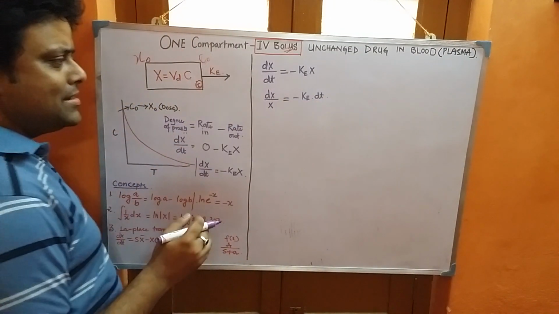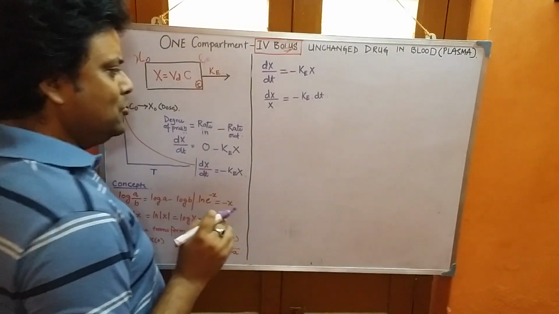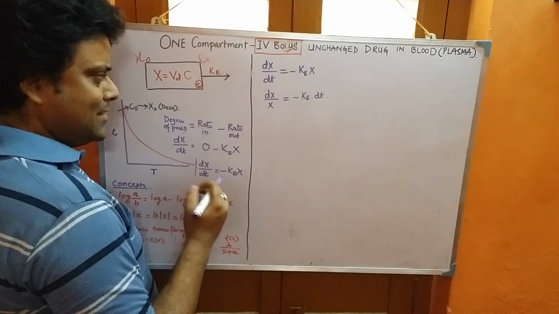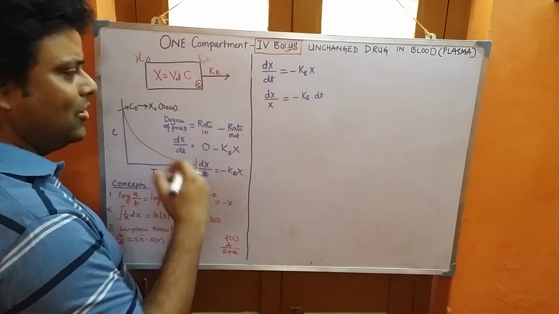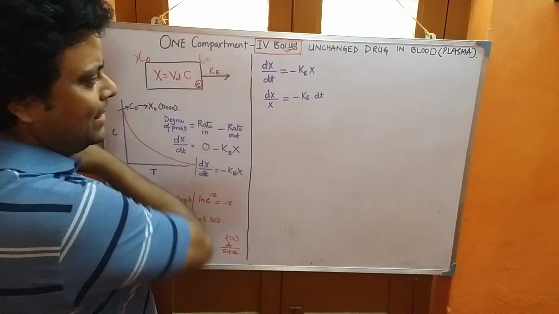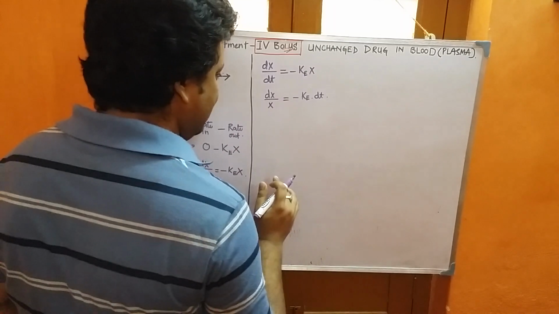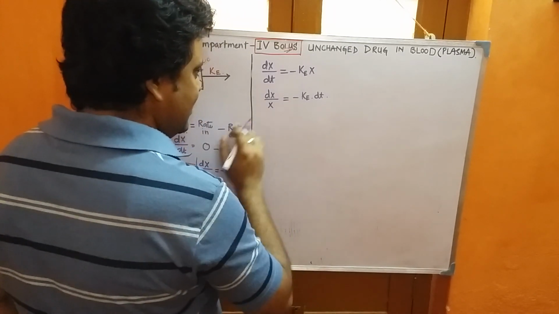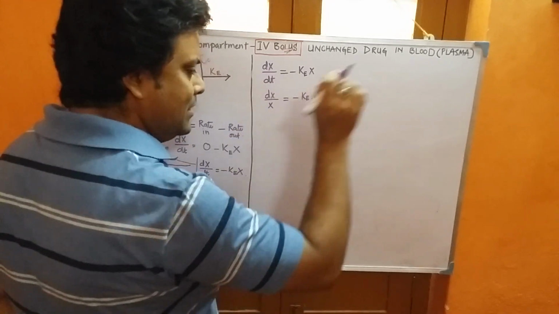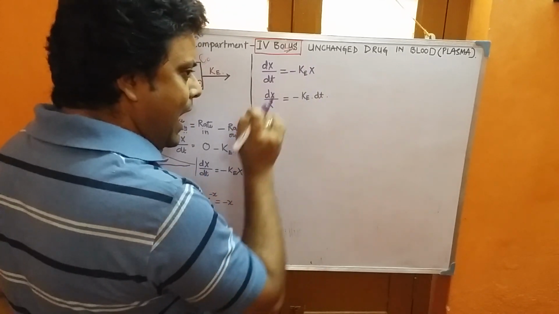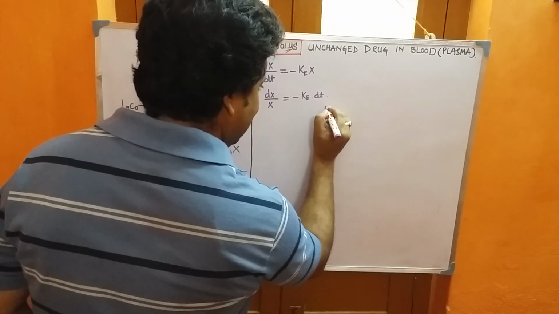Now integrating both sides with the limits, x naught to x, and time moving from 0 to t. So we are within the limits of 0 time when the dose is x naught and t time when the dose is x.